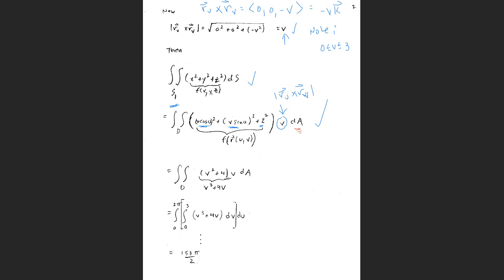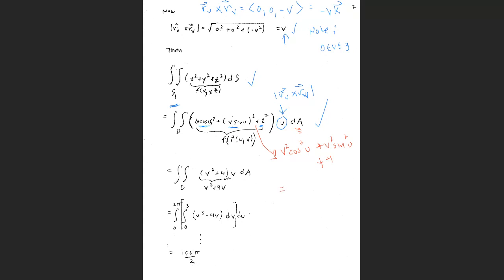The cosine squared plus sine squared, well, let me just point something out here. This is going to be v squared cosine squared u plus v squared sine squared u plus 4.